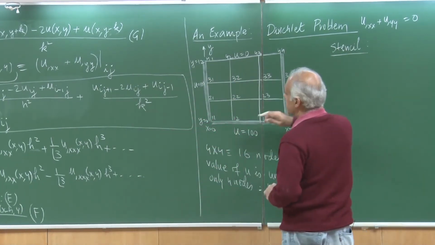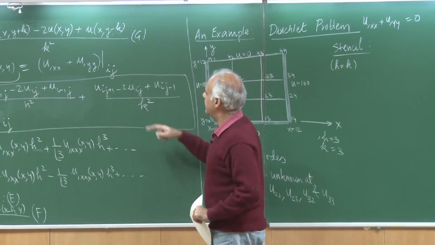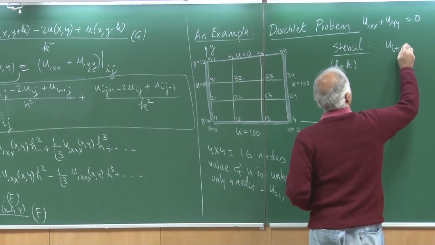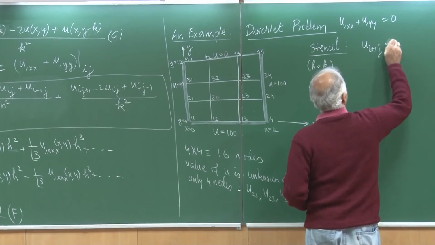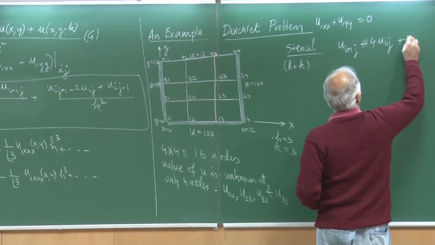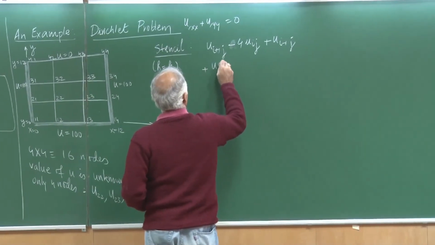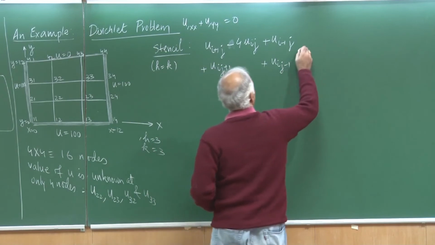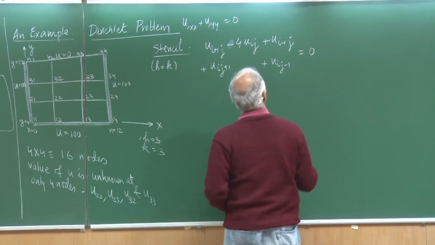If I put h equal to k, the values simply become u(i+1,j) - 4u(i,j) + u(i-1,j) + u(i,j+1) + u(i,j-1) = 0.